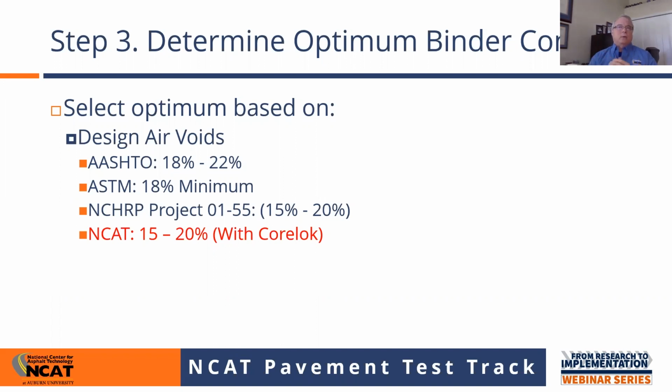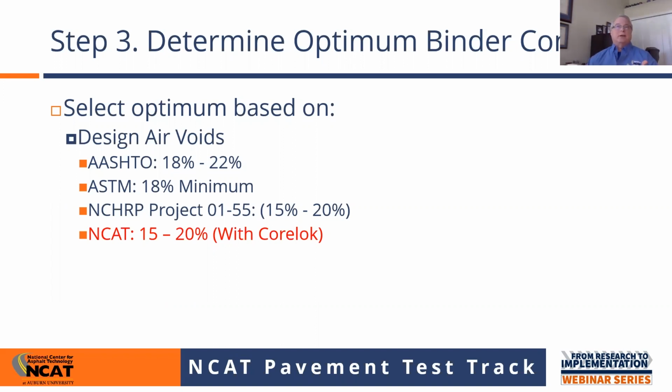And again, what we standardized at was 15 to 20% with the CoreLok. The 1-55 project gives you the option to do it either with the CoreLok or dimensional analysis, and dimensional analysis will typically give you higher air voids. So if you measured 15% air voids with the CoreLok, you would probably get 17% with the dimensional analysis.